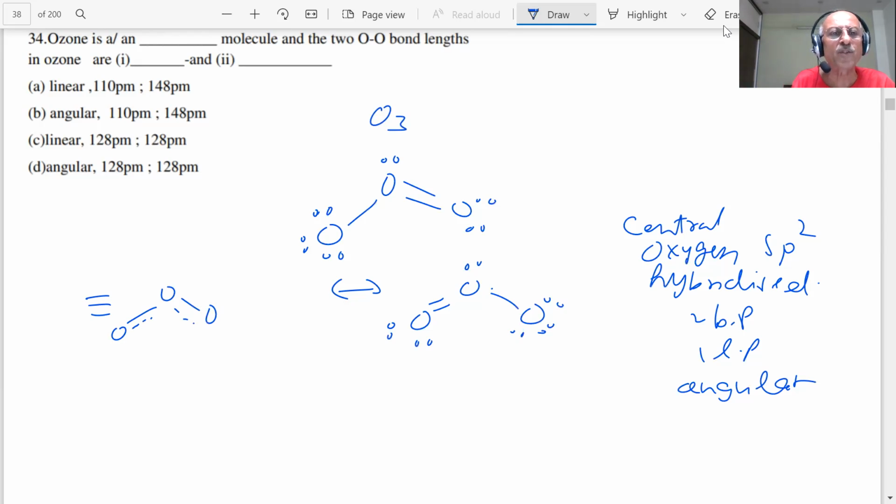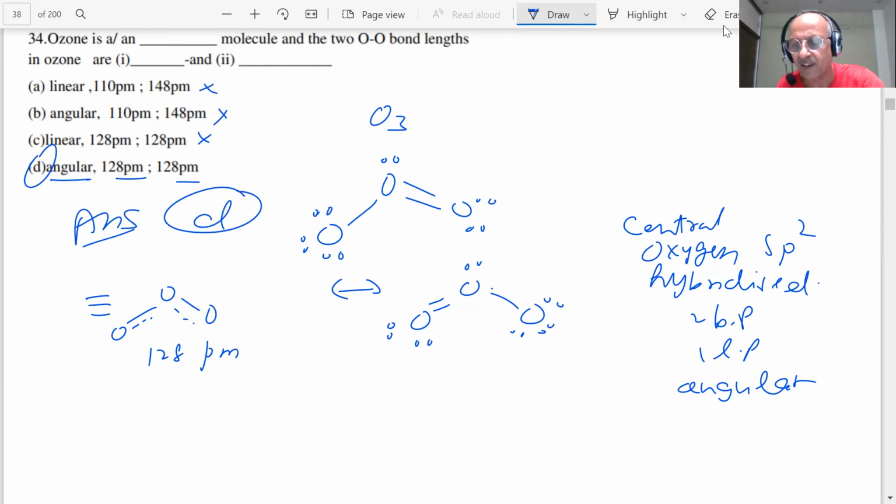These 2 bond lengths will be equal in the case of ozone. And therefore, let us see the answer. Linear, no, it is not linear. Angular with bond lengths different, no. It is angular, and bond lengths are 128 picometer, student. That is the correct answer. Answer is D.